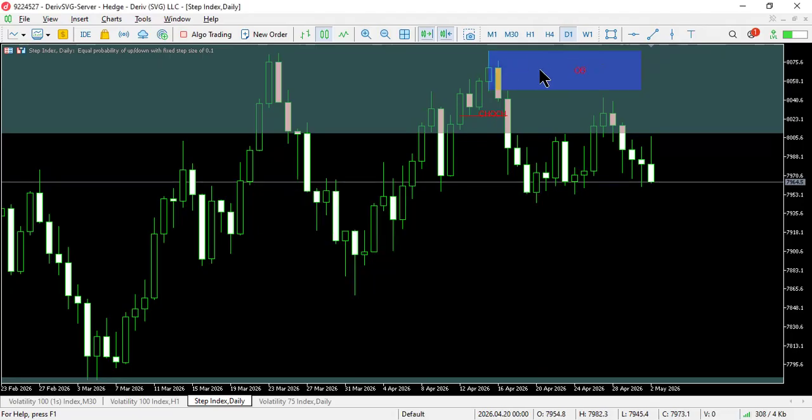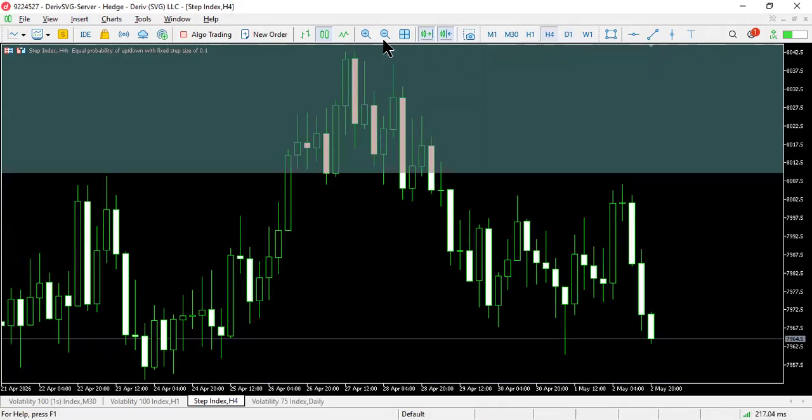It is that order block, and then heading over to the 4 hours time frame.